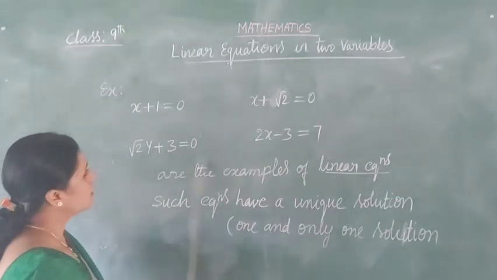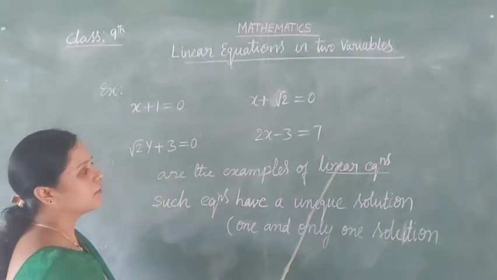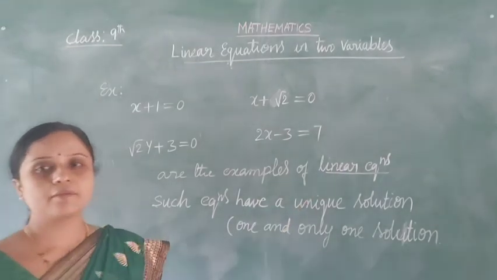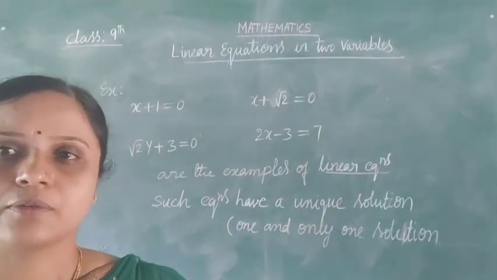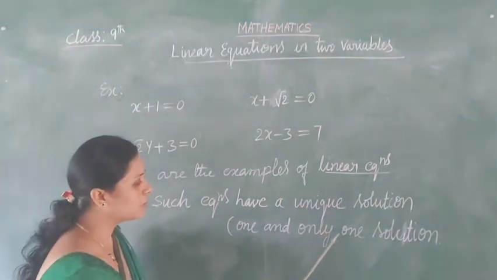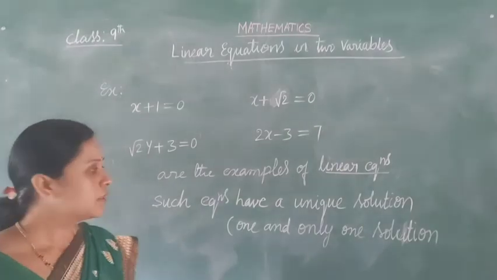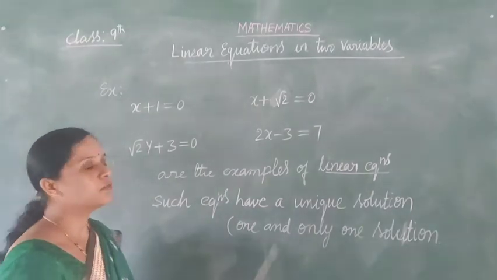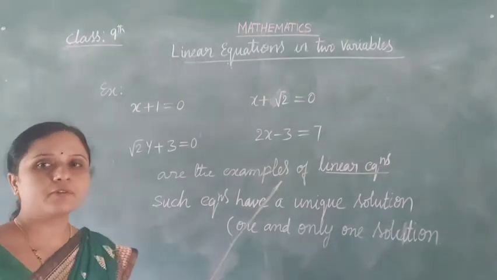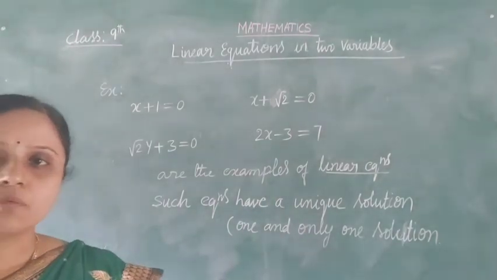So these are all the examples of linear equations. Such equations have a unique solution. What is meant by unique solution? It has only one solution. So it is having one and only one solution. So these equations are the examples of linear equations in one variable.